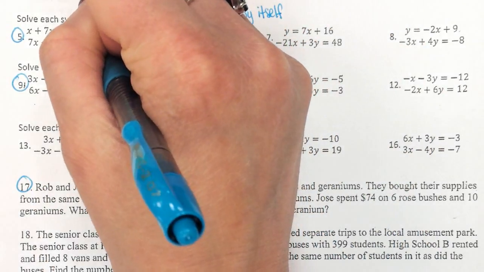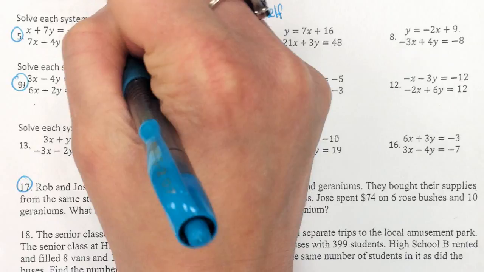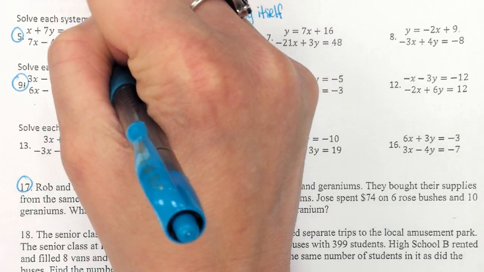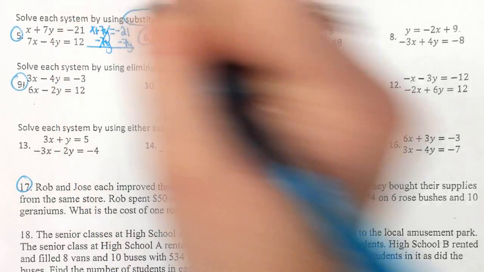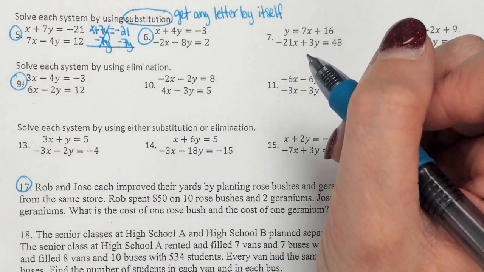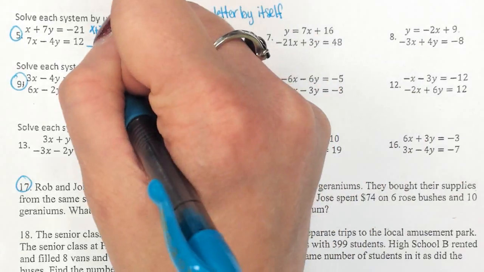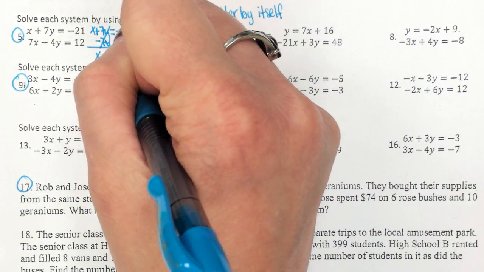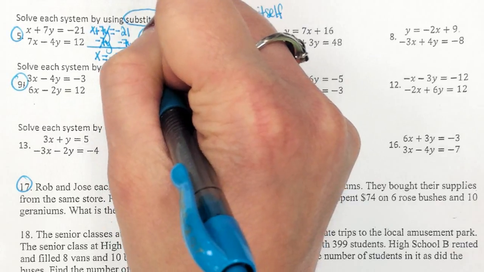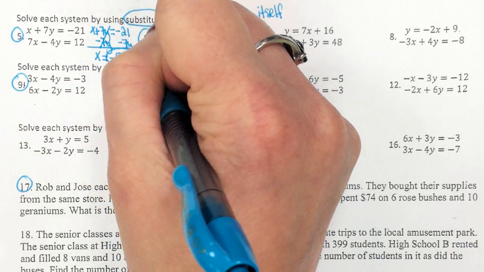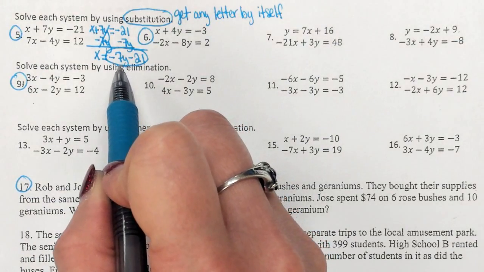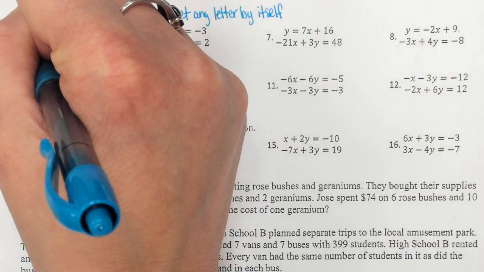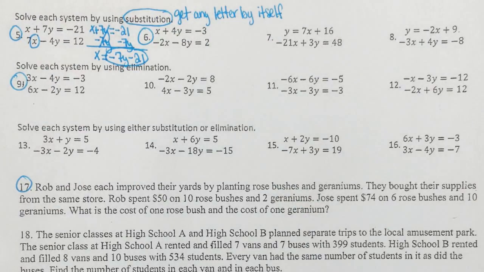So how would I get X by itself on that first one? Subtract the Y. Very good. Okay, so you would get X is equal to negative 7Y minus 21. And then you're going to plug that in where? Into the X of the other one. There you go. Right there into the X. Same thing on 6.